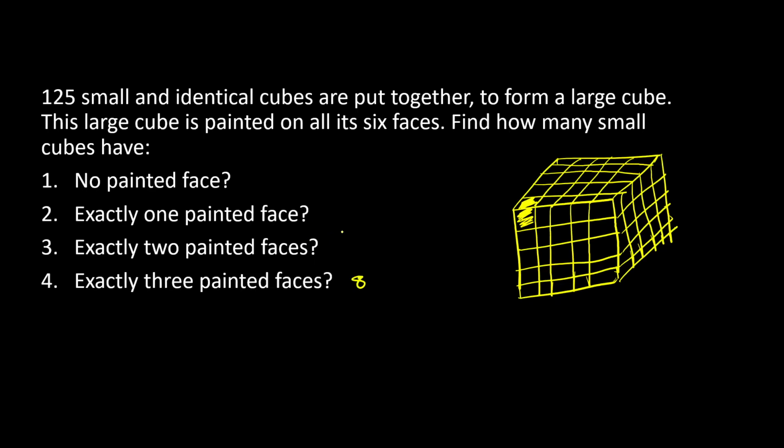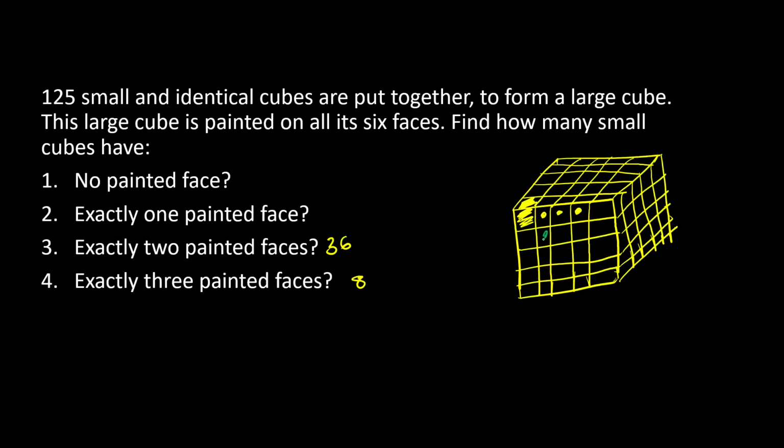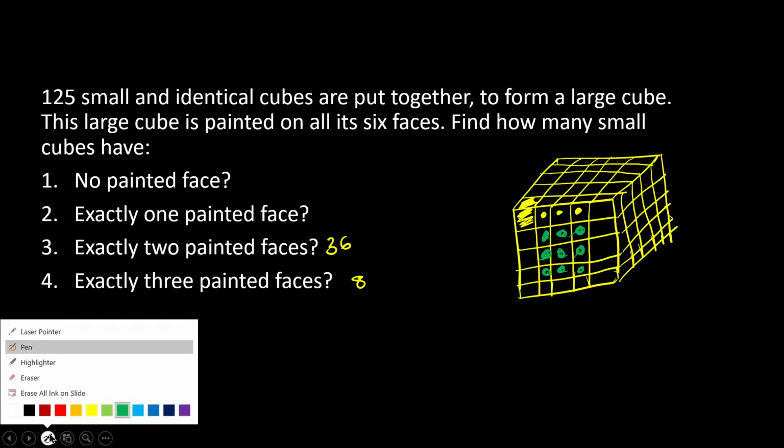Exactly 2 painted faces is something to do with the edge, and we need not count the cubes which are kept at the corners. So 3 on each edge, 3 times 12, we have 36. Exactly 1 painted face, if you notice this, we have 9 such cubes on each face and 6 faces in total.